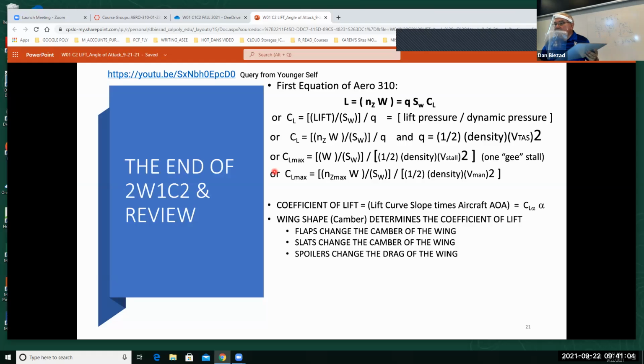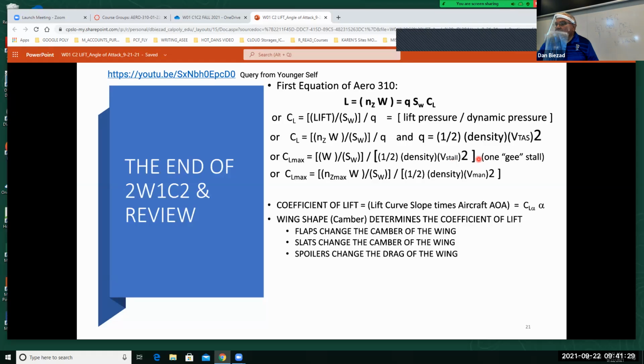If I'm going faster than stall speed, suppose I'm going twice as fast as stall speed, how does that affect this equation? Well, look over here. If I put twice stall speed in here, what happens when that 2 gets in? It's squared, right? It goes to 4.